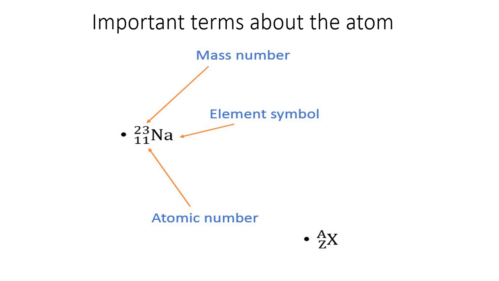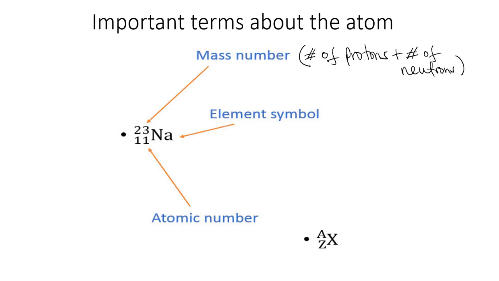Previously, I said that when you want to talk about mass of an atom, you need to focus on neutrons and protons, or protons and neutrons. So by definition, mass number is the number of protons plus number of neutrons. So when you add the two, you get a mass number.